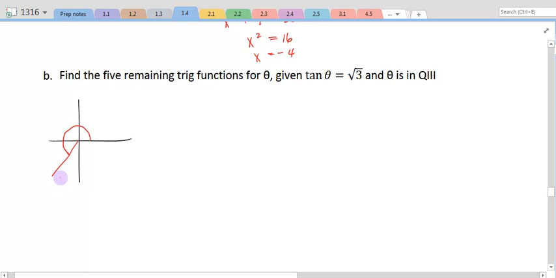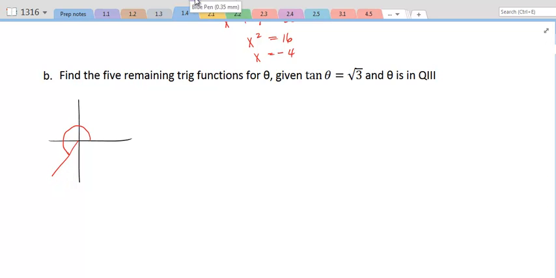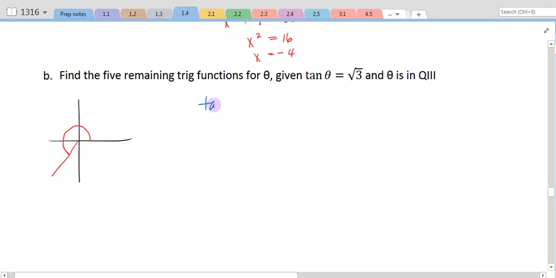So let's see how we can use Pythagorean's theorem to solve for that. Tangent is supposed to be y over x, and that's going to be the square root of 3, because I know the tangent of theta is the square root of 3, and I can write all numbers over 1. By doing that, it gives me both my y and my x value and allows me to solve for r.